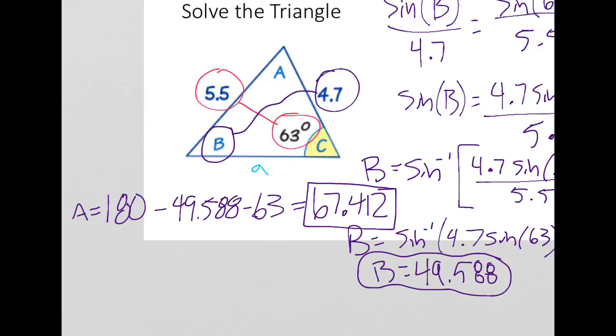And so let's set up a proportion now that we know angle A. We can say that A divided by the sine of 67.412 equals, we want a ratio we know. Let's just go with 5.5 divided by the sine of 63.